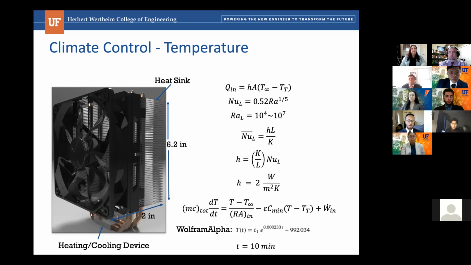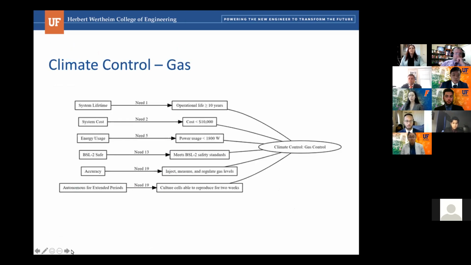And so after inserting the values and calculating, Wolfram Alpha was used in order to calculate the time it takes for the set point temperature to be reached, which was approximately 10 minutes for this ordinary differential equation. And so with that, I would like to pass it on to gas control.